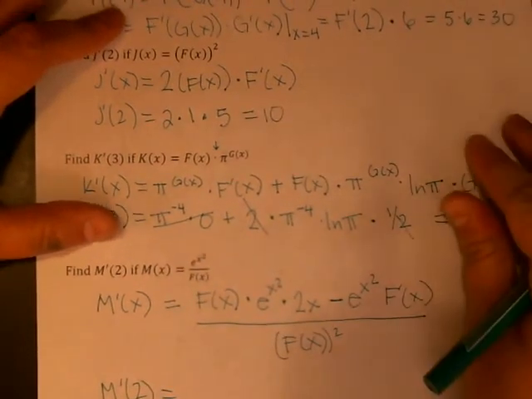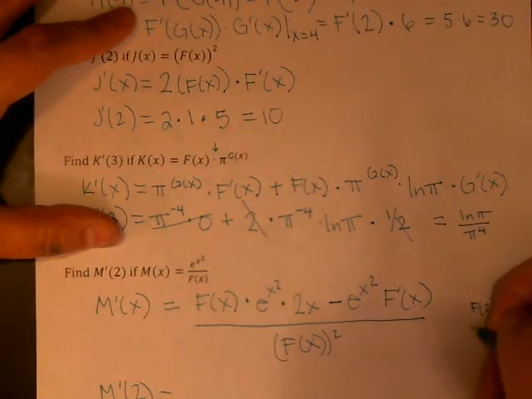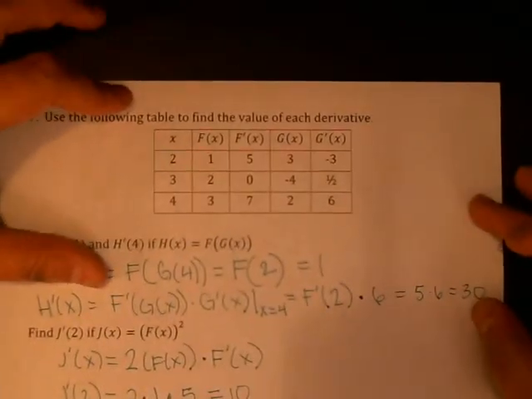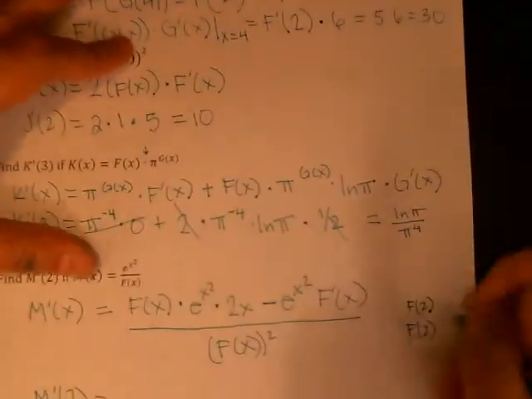So we need an f of 2. Okay, so hold on, I will write these down. And we need an f of 2, and we need an f prime of 2. And that's about it. Okay, so looking back up here, f of 2 is 1, f prime of 2 is 5.